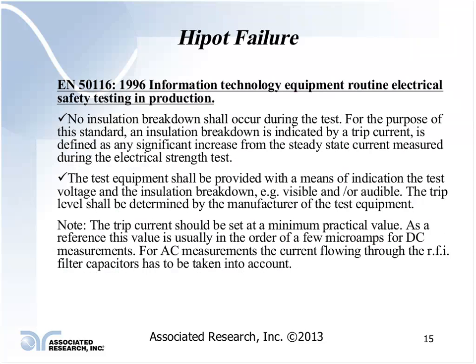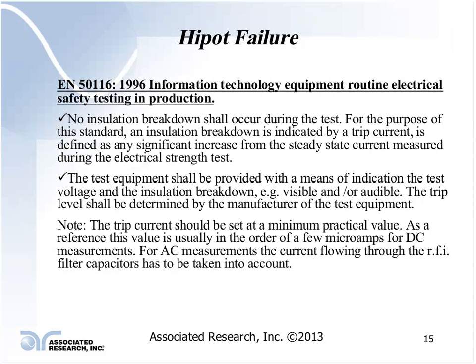EN 50116 for information technology says no insulation breakdown shall occur during the test. For the purpose of this standard, insulation breakdown is indicated by a trip current. It is defined as any significant increase from the steady state current measured during the electrical strength test.